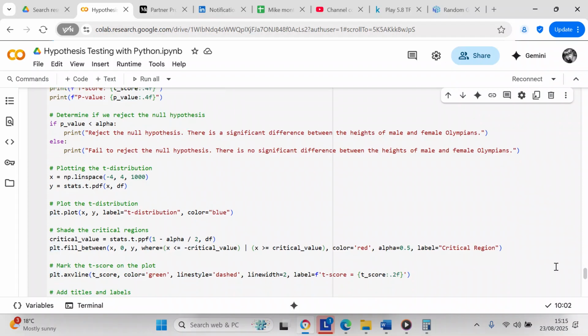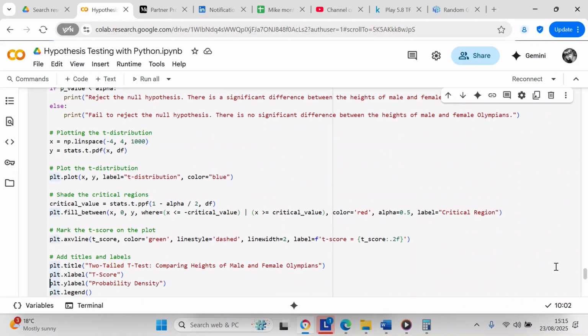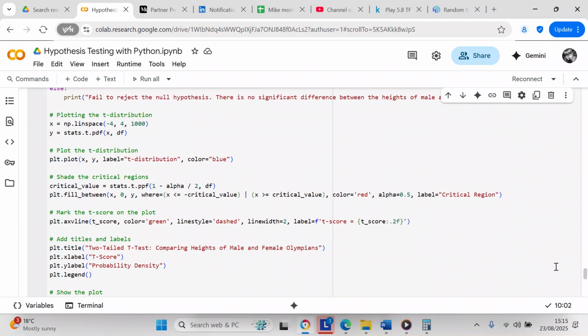So now we're going to put the t-score on the plot. plt.axvline brackets t-score, color equals green, linestyle equals dashed, linewidth equals 2, label equals t-score. And then we're going to add titles and labels.